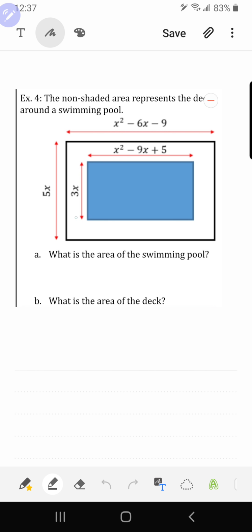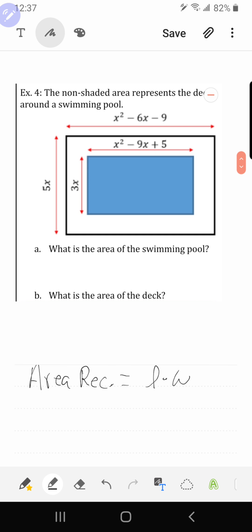So I'm going to take the pool and find the area, and of course the area of a rectangle is length times width. So the area of the rectangle is equal to length times width.